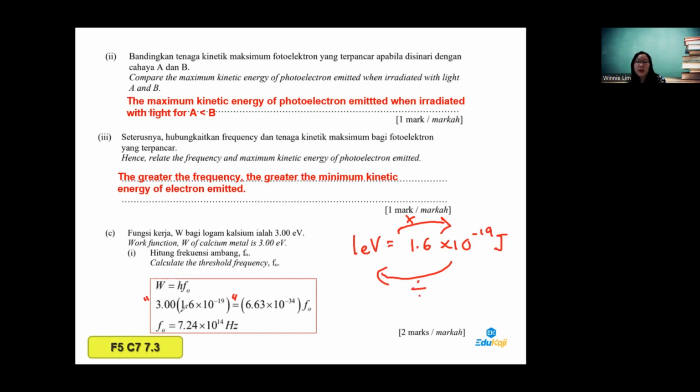So that's why you use 3 times 1.6 times 10 power negative 19. This is the reason. Get the idea? Then this is the Planck constant of 6.63 times 10 power negative 34. So f0 is this whole thing divided by this value, and then you will get this threshold frequency, the minimum frequency to cause a photoelectric effect.